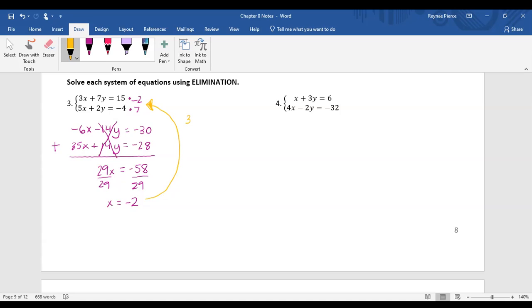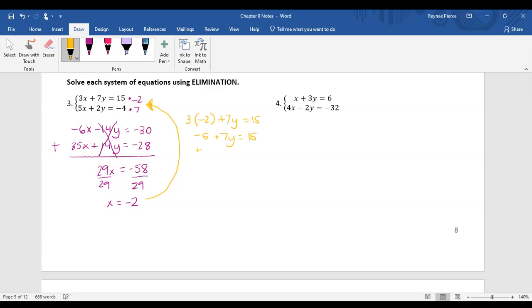So we're going to say 3 times that x value that we found, plus we don't know what y is, so plus 7y equals 15. Okay. 3 times negative 2 is negative 6. Still have plus 7y equals 15.